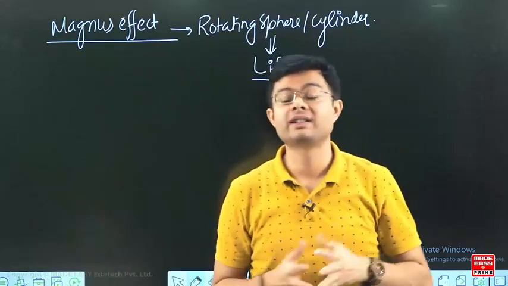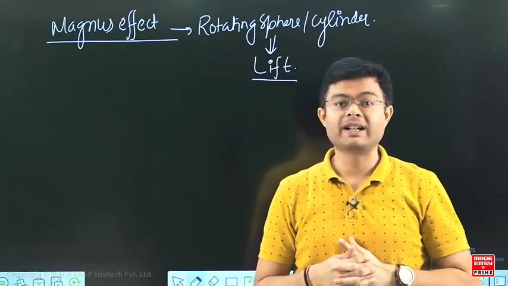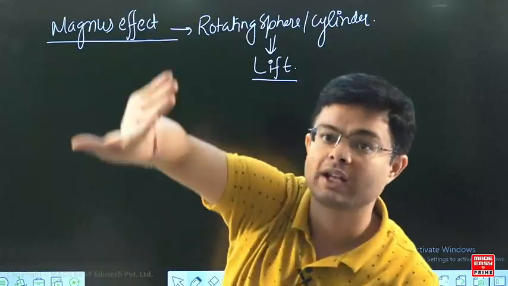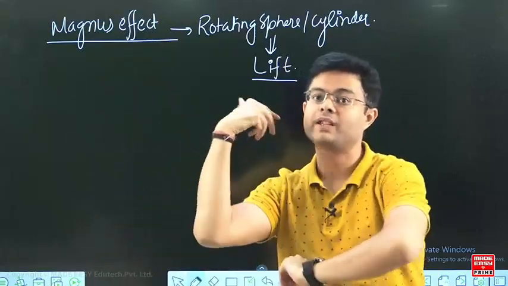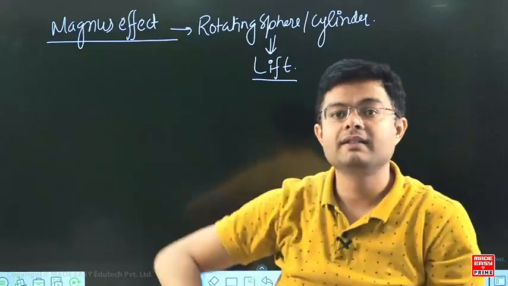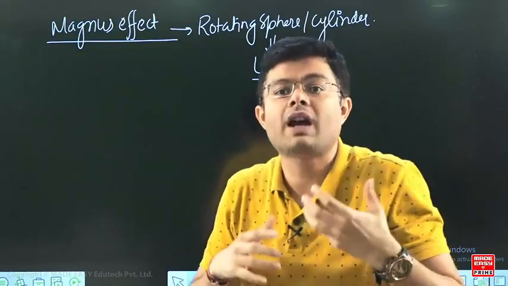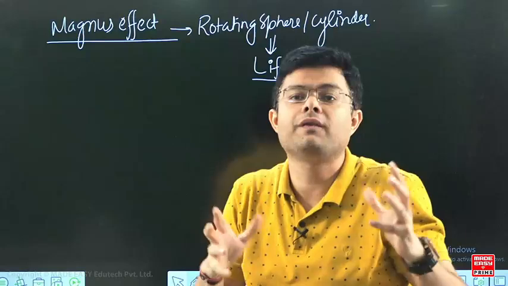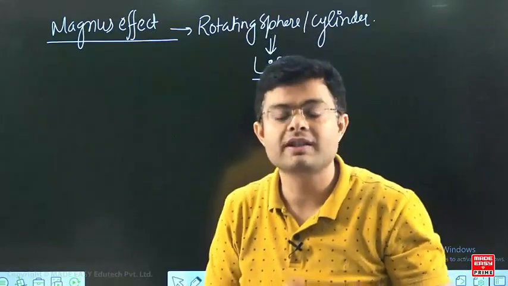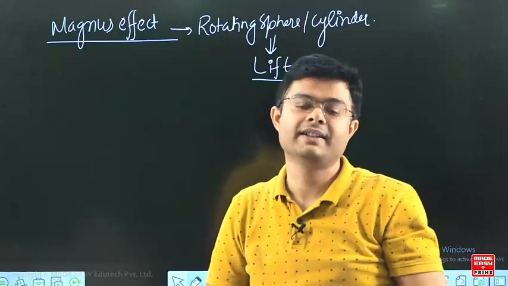For example, Yuzvendra Chahal, India's spinner, is throwing the ball like this, and the commentator says, what a beautiful flighted delivery by Chahal. But my dear students, Chahal is not doing anything.